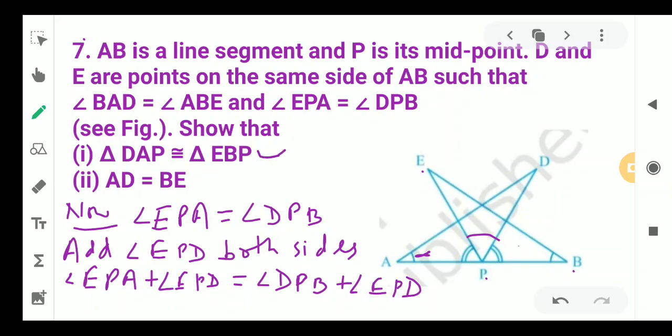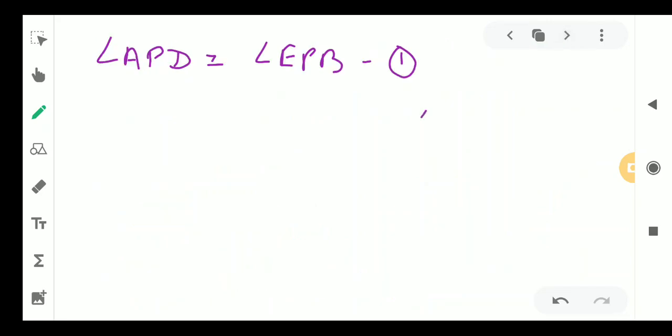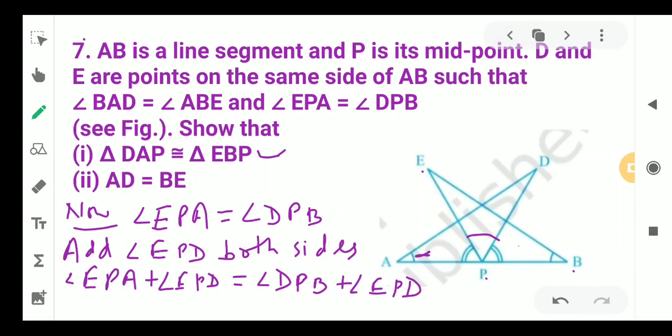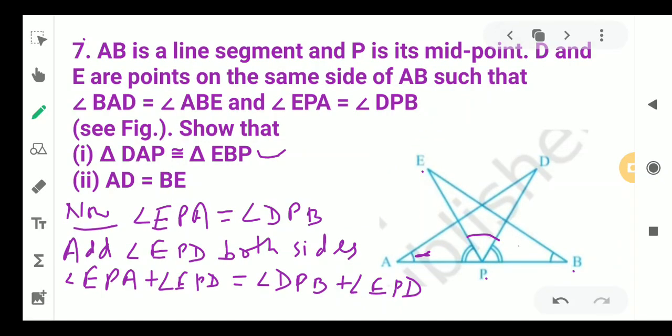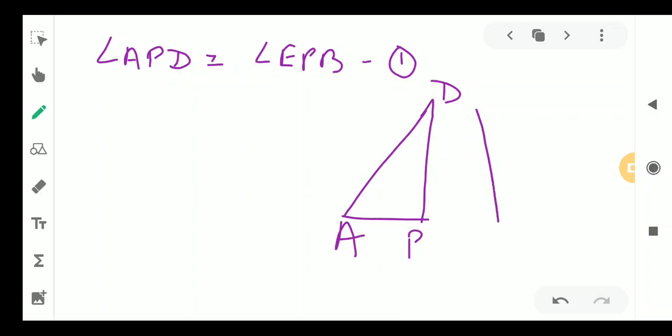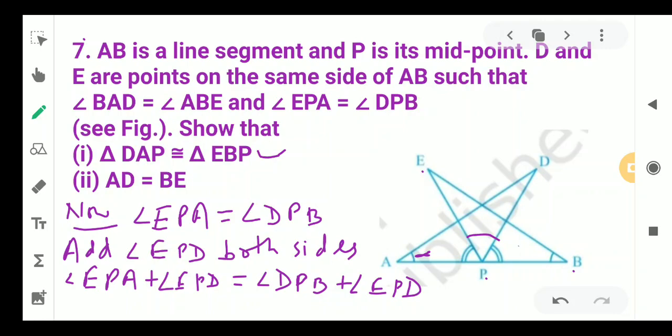So APD and BPE, these two triangles let me separate. Now these are the two triangles which we have to prove congruent.